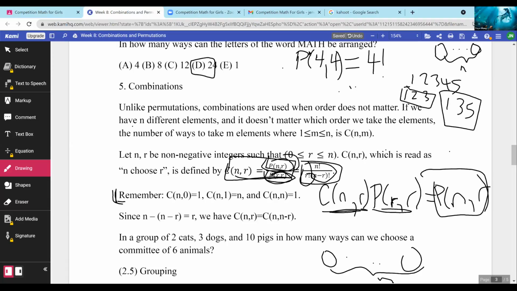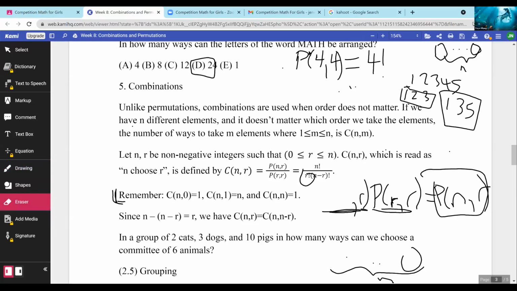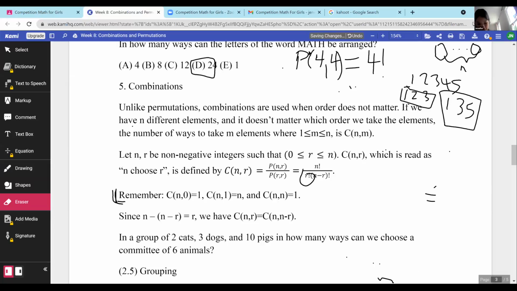Wait, so if there's a large number for n, then how are we supposed to find r and plug it in? Can you give an example? Sure. We could use this example here.